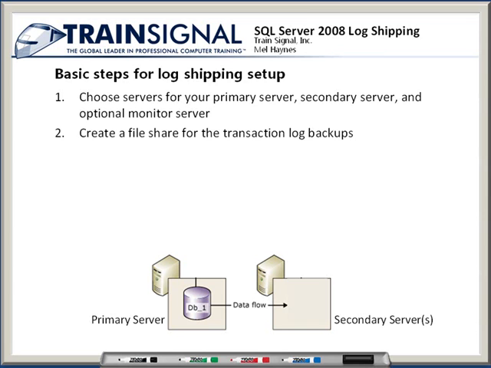Second, you want to create a file share for your transaction log files. So you need to have some centrally available location where you're placing those log files every time you perform the backup. Now, in our case, I just dumped them on my secondary server. You can do that. The main thing to note is make sure you're not putting them right back onto the primary server, because that's the one you want to be able to have fault tolerance in case it crashes, right?